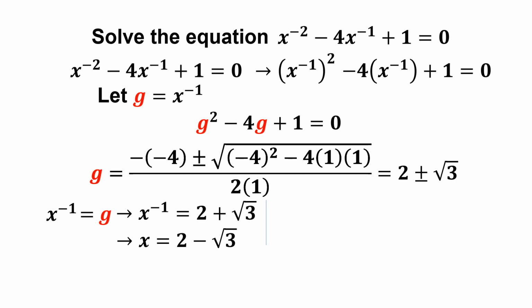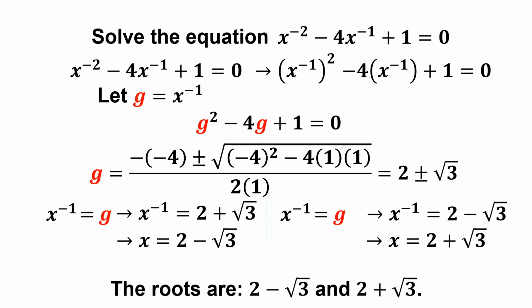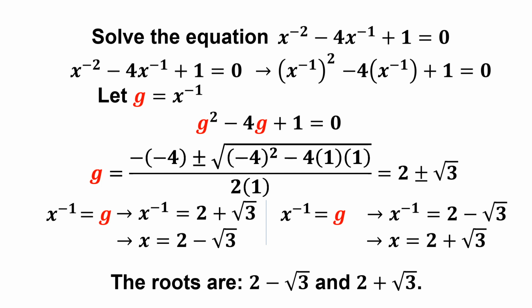This will give you x is equal to 2 minus square root of 3. Then replace g with 2 minus square root of 3. This will give you x is equal to 2 plus square root of 3. Therefore, the roots are 2 minus square root of 3 and 2 plus square root of 3.